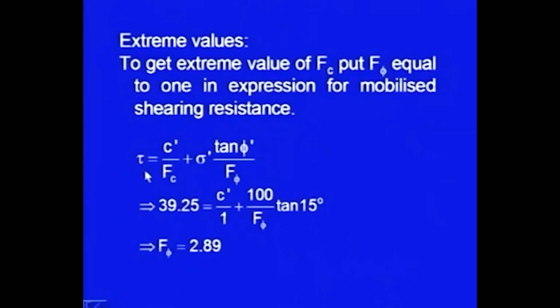I again use the same equation, tau is equal to C mobilized plus sigma dash tan phi mobilized. So, to get the extreme values, the minimum values of Fc and F phi for a stable slope should be 1. If it is less than 1, then it is going to fail, and if it is less than 1 in friction, then also it is going to fail.